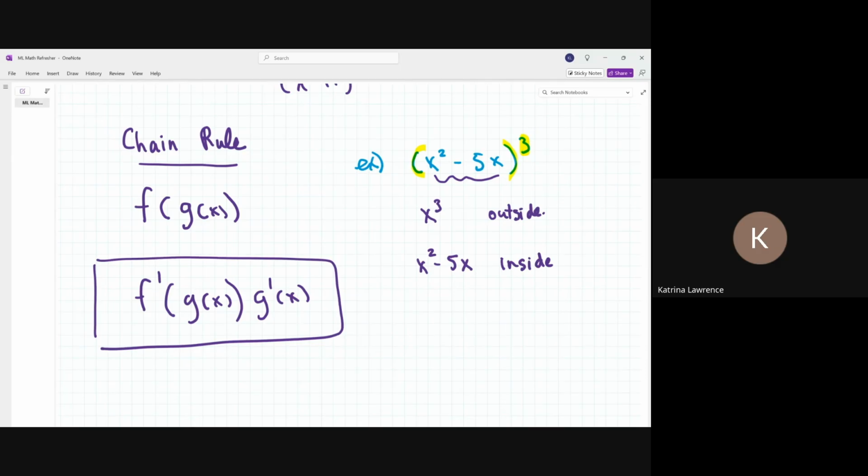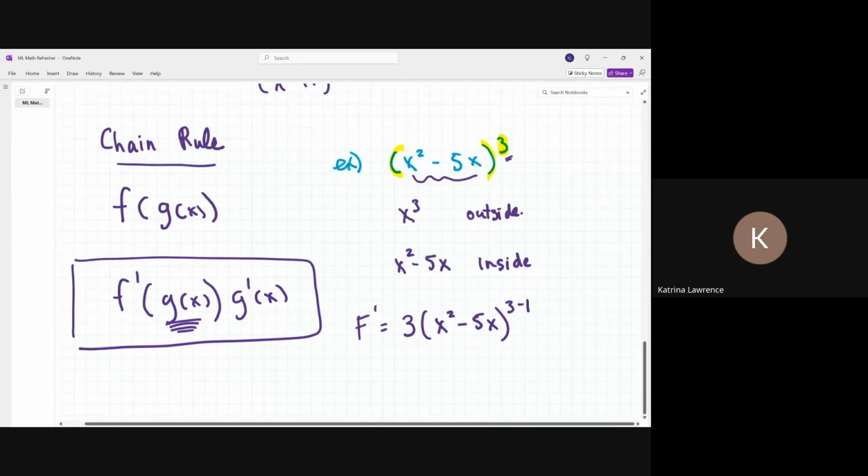Following our chain rule over here, let's see if we can find the derivative. We'll just call this, for this case, f prime. Here we take the derivative of the outside function. We know we can use power rule because we have an exponent. So we're going to bring down our 3. And like I said, over here, we keep the inside the same, so we keep it as x squared minus 5x. Then following power rule, we do 3 minus 1.